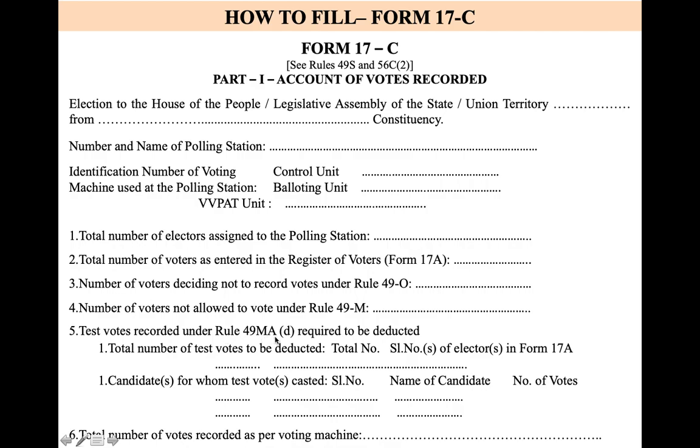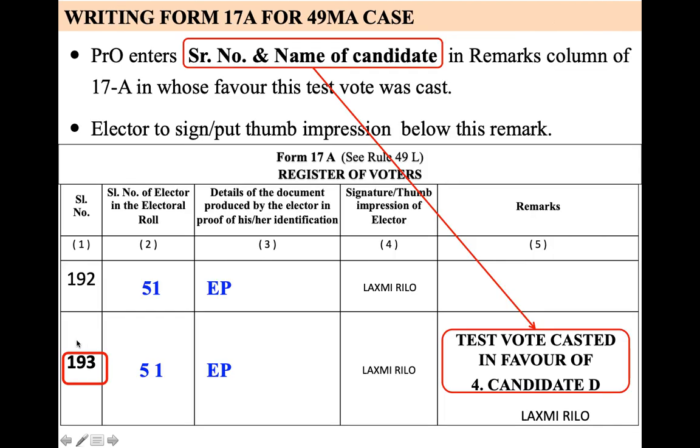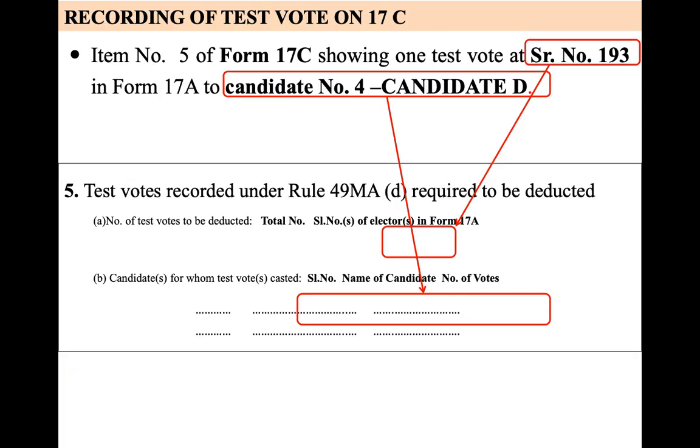After understanding what a test vote is, let's see the total number of test votes to be deducted, and the total number and serial numbers of electors in Form 17A. How do we fill this format? We'll just discuss point number 5.